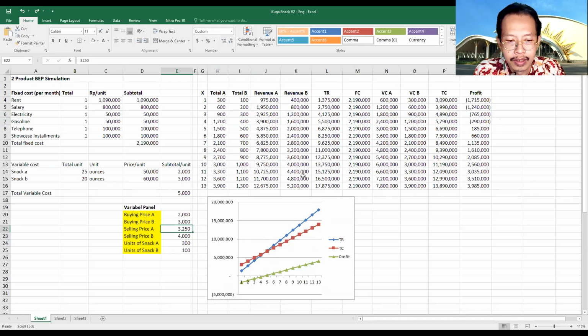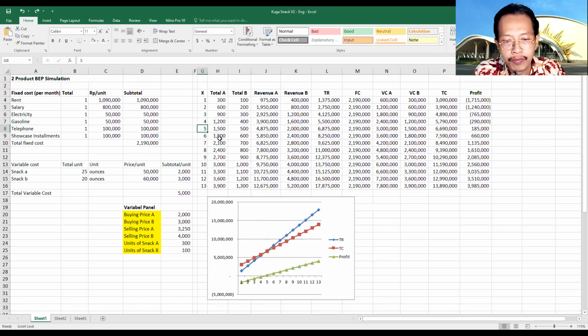So that's our assignment today. You would be making a break-even point analysis, and you should find the break-even point in terms of total amount of products, and then also in terms of revenue and in terms of the time, how long it needs to get there.